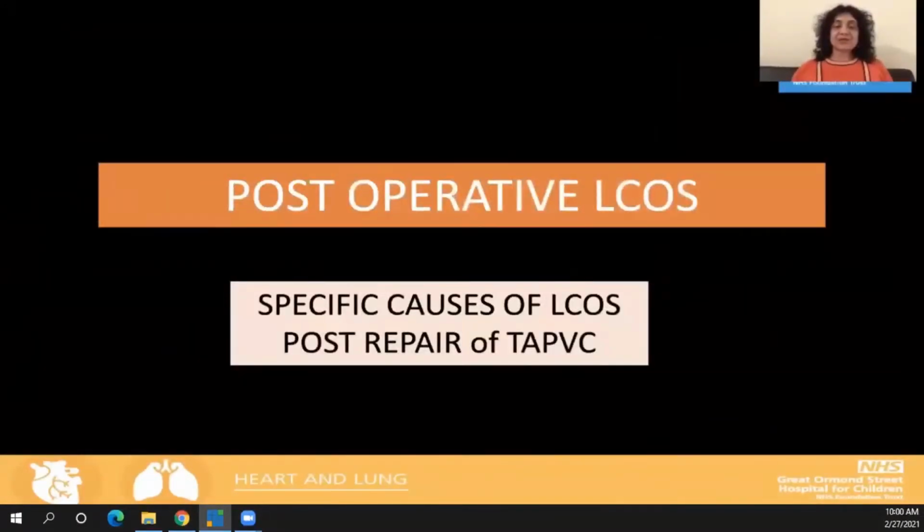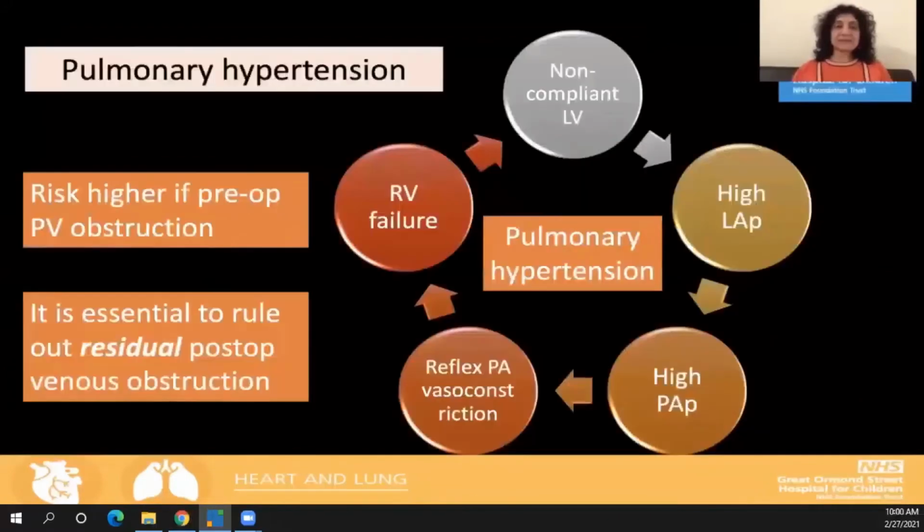Let's look at postoperative low cardiac output state and the specific causes of low cardiac output following repair for TAPVC. Now, pulmonary hypertension has to be kept in mind. The risk for pulmonary hypertension is higher if there is preoperative pulmonary venous obstruction.